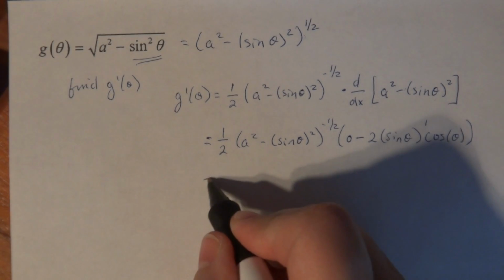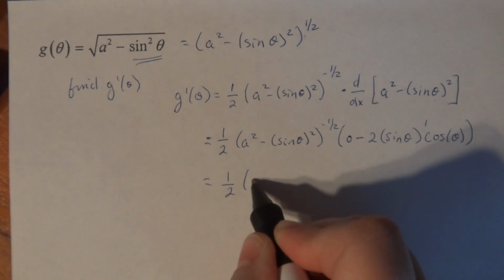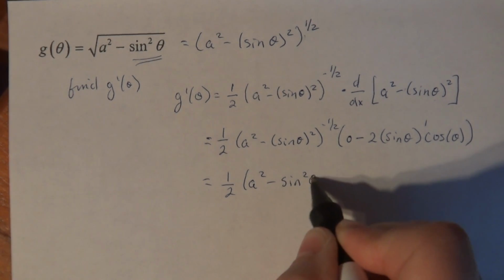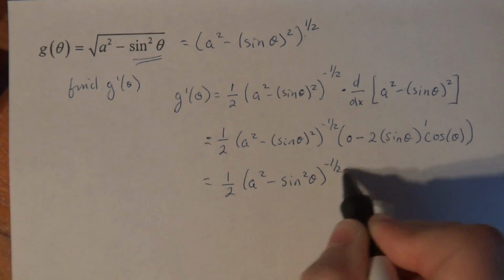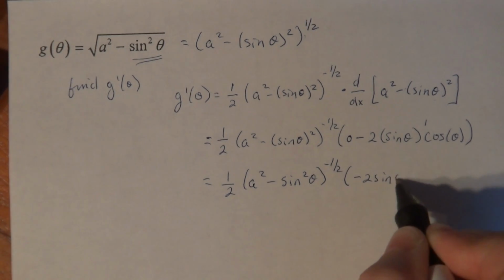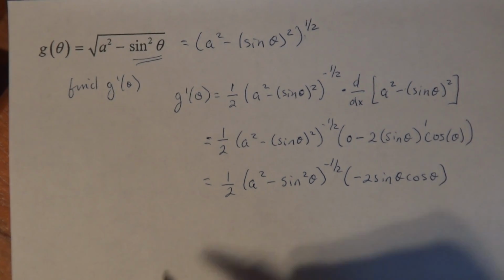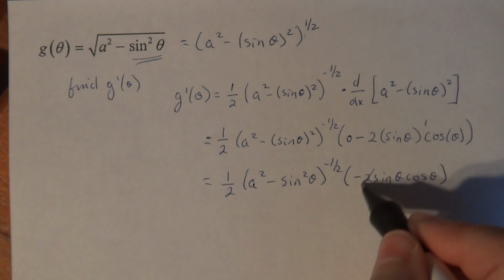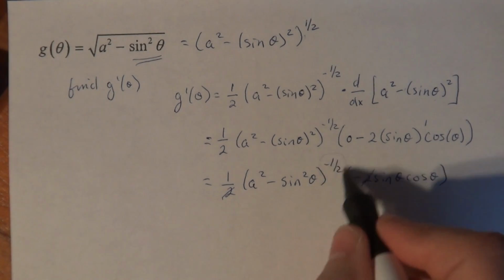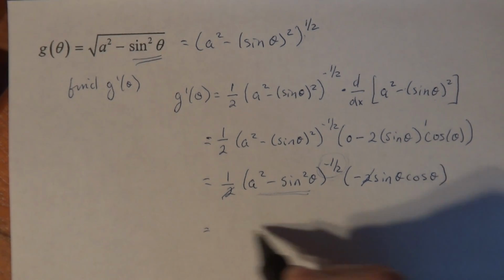Now, if I simplify this just a little bit, I'm not going to do a whole lot. I'm just going to rewrite this, and then rewrite this a little bit. This is minus 2 sine theta, cosine theta. And again, I'll just continue simplifying. Those 2's will cancel with one another. This tells me that that part goes in the denominator.